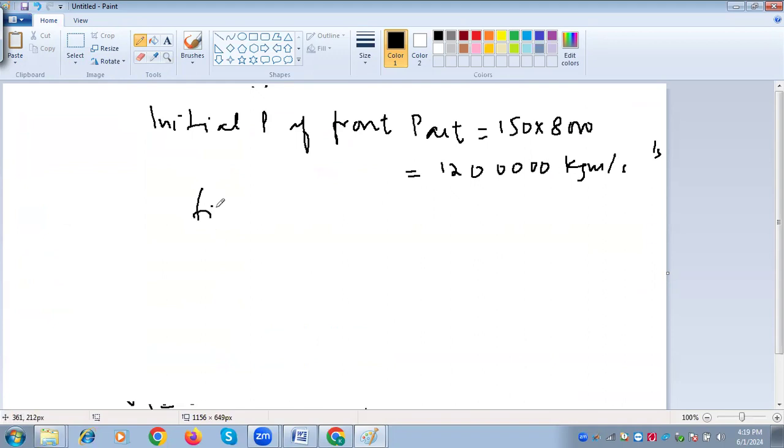And final P of the front part, that was velocity was 9,000. That is 135. One zero is extra.